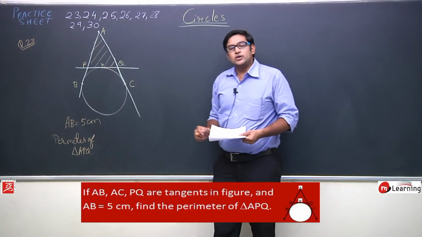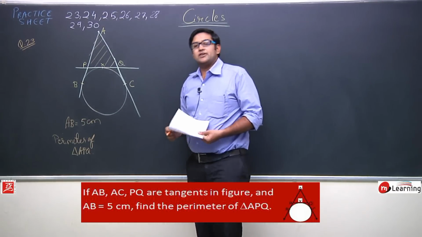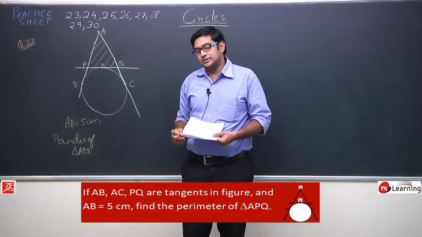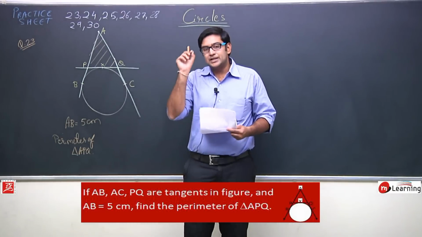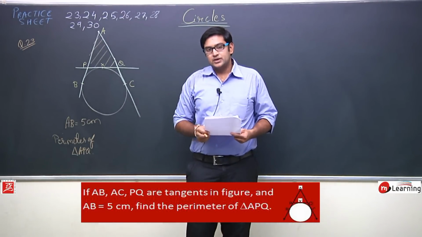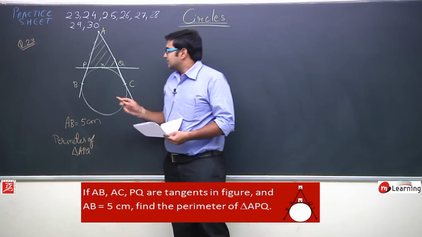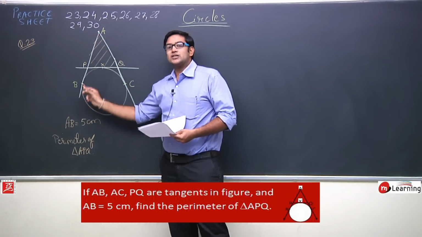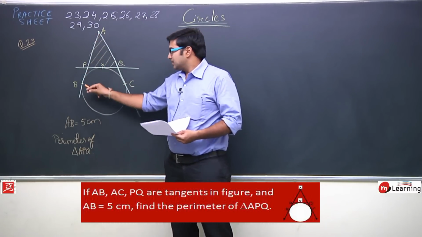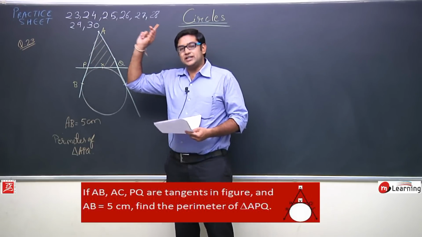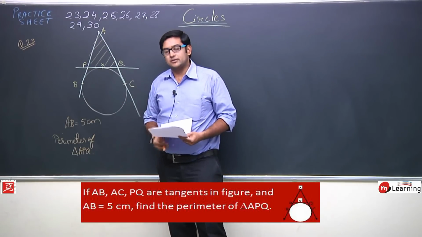But try to remember the last question that we have done. In the 21st question, we proved a simple relation. In that question you might remember that this AB was AQ. This B point was Q point in question number 21.